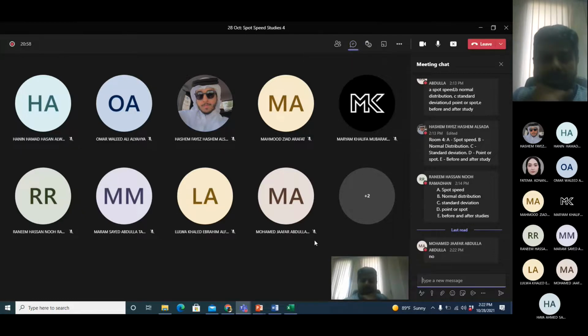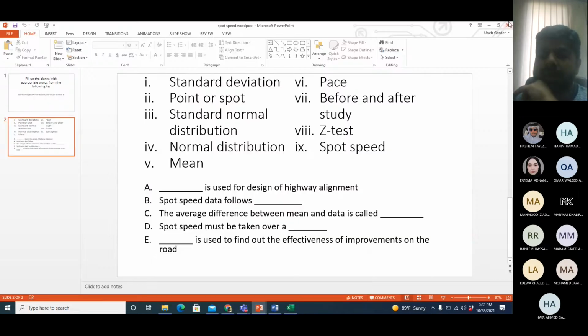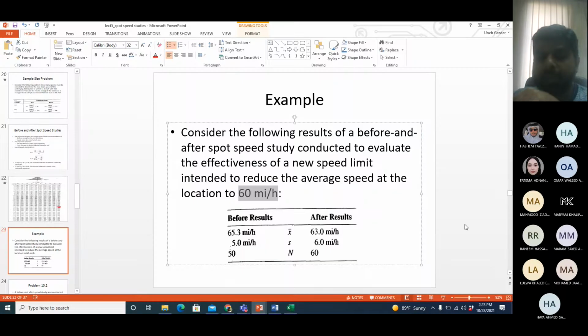The correct answer is, by the way, that right now I cannot say whether I achieved the required value or not. Because you are saying this on the basis of this 63, right? This 63 is the mean of a sample of vehicles.